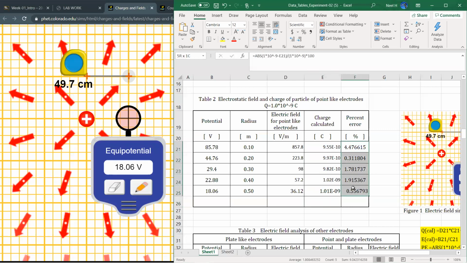And for all of the percentage errors, you can do similarly, 2 decimal places. And right here, the electric field calculated values, you can also keep 2 decimal places, okay?